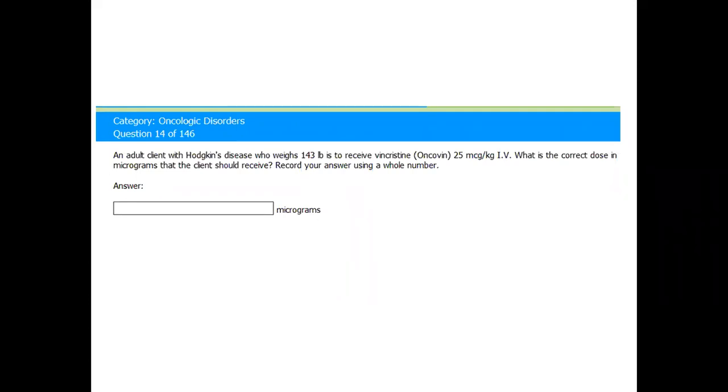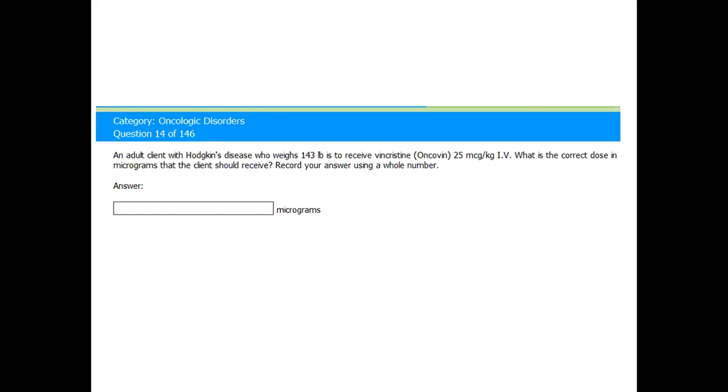I said Hodgkin lymphoma or Hodgkin disease is a type of lymphoma. What is lymphoma? Lymphoma is a group of blood malignancies that develop from lymphocytes, and lymphocyte is one type of white blood cell.